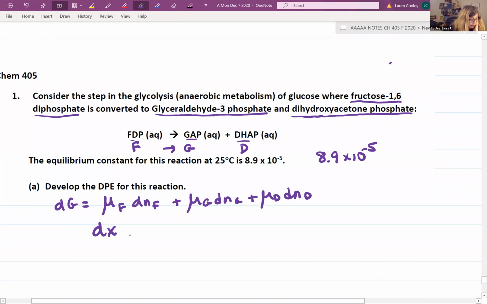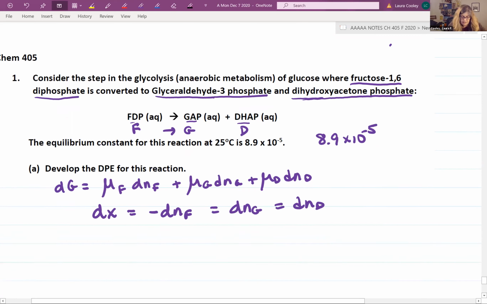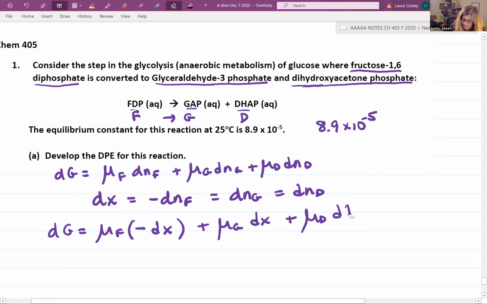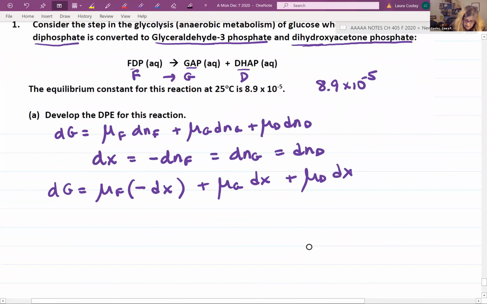There's no crazy stoichiometry. dx is minus dn F, which is the same as dn G and dn D. So there's no fancy stoichiometry going on. So this is mu F times minus dx plus mu G dx plus mu D dx. The dx goes to the other side.